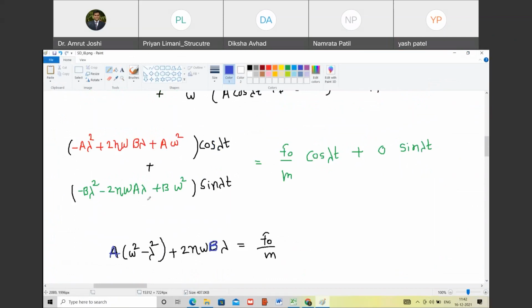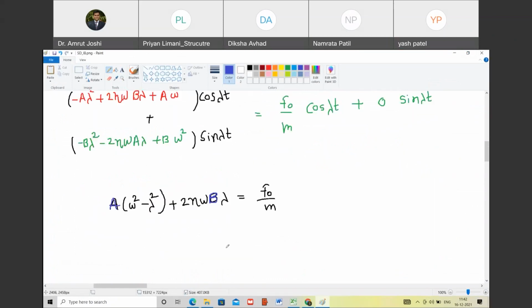Second equation. What should I do? Again, can I take B common? Yes. But that B is the second term, so I am going to write it here. B common into bracket. What will be in the bracket? Yes, omega square minus lambda square.